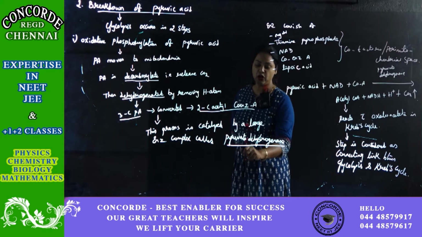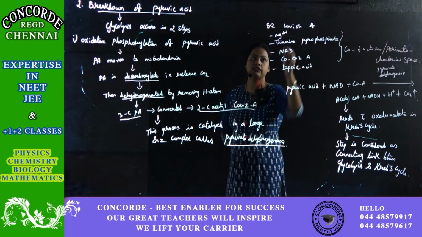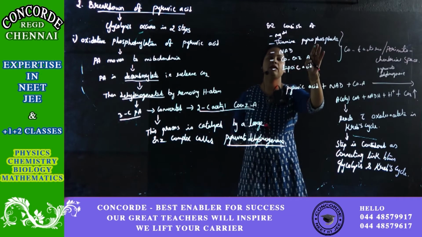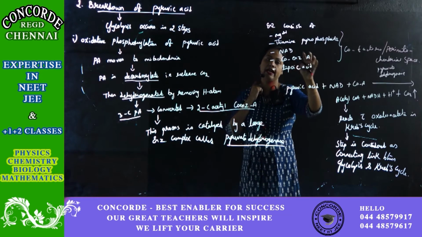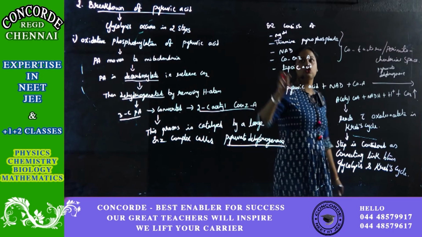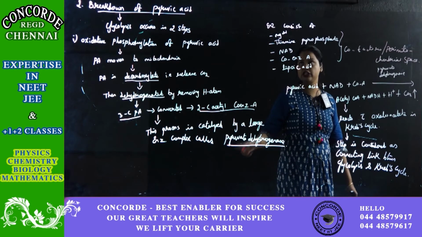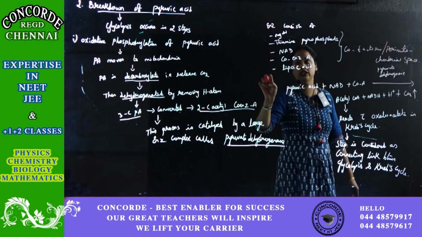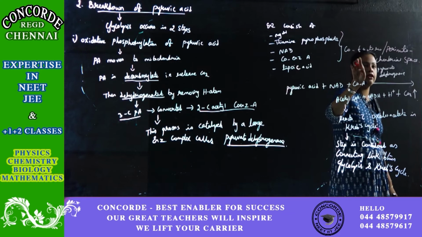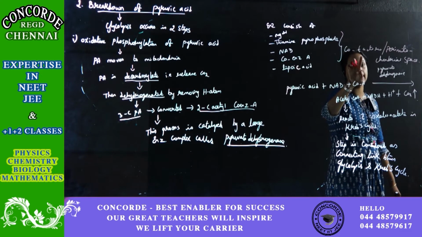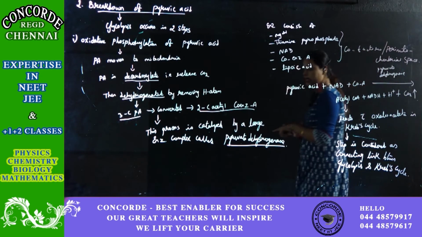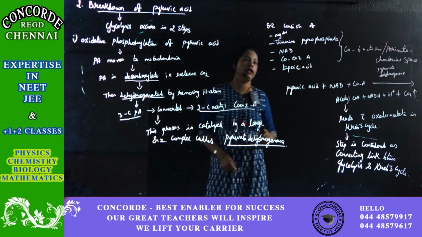This pyruvate dehydrogenase consists of magnesium, thiamine pyrophosphate, NAD, coenzyme A and lipoic acid. The enzyme consists of all these 5 cofactors. This reaction happens in the perimitochondrial space. It is not inside the mitochondria, it is the perimitochondrial space.